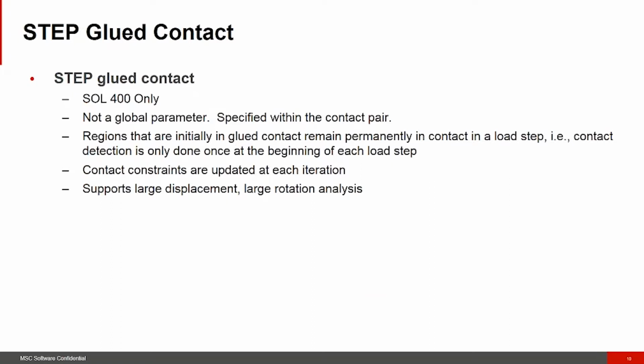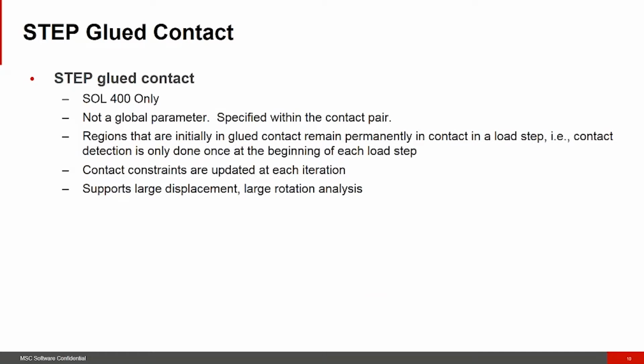The next option that I'm going to discuss is the step glue. This is a little bit of a newer option that was added a couple of years ago. So MSC Nastran has been supplemented by a concept of step glue in which the regions that are initially in contact will remain permanently in contact. So this is important to notice. If they're in contact initially, they'll remain in contact and there is no separation.